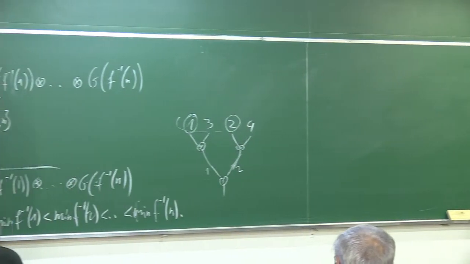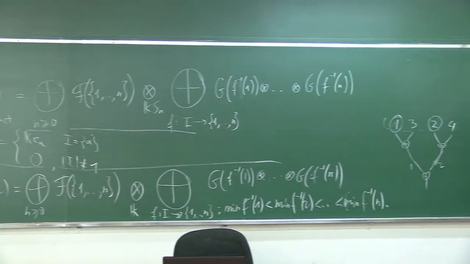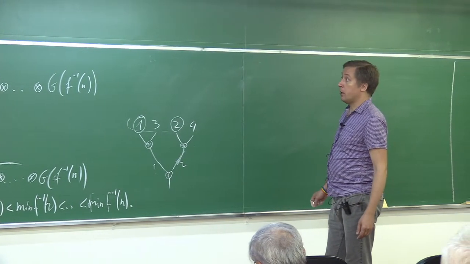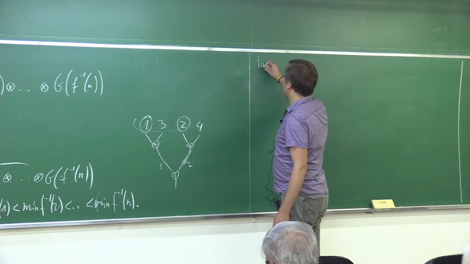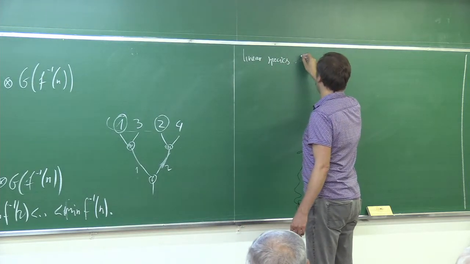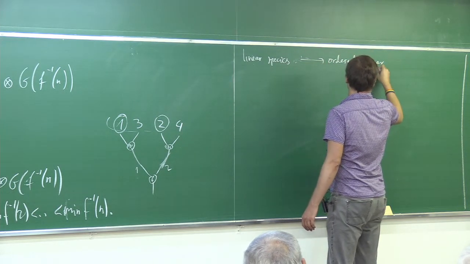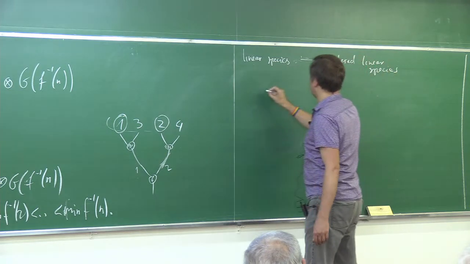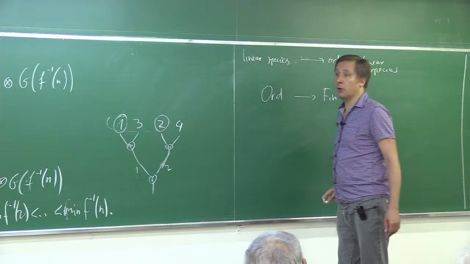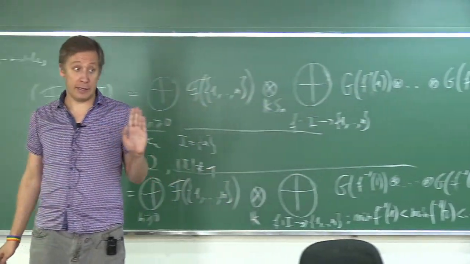And the main property of this picture goes as follows. There is a functor from linear species to ordered linear species. And that comes from the forgetful functor from the category of ordered finite sets to the category Fin. So if you have an ordered finite set, you can forget the order and get just a finite set.